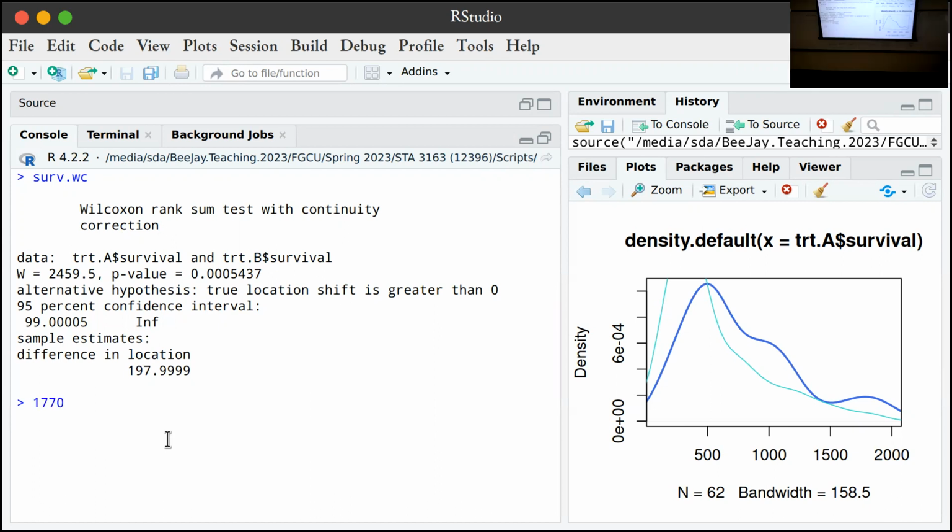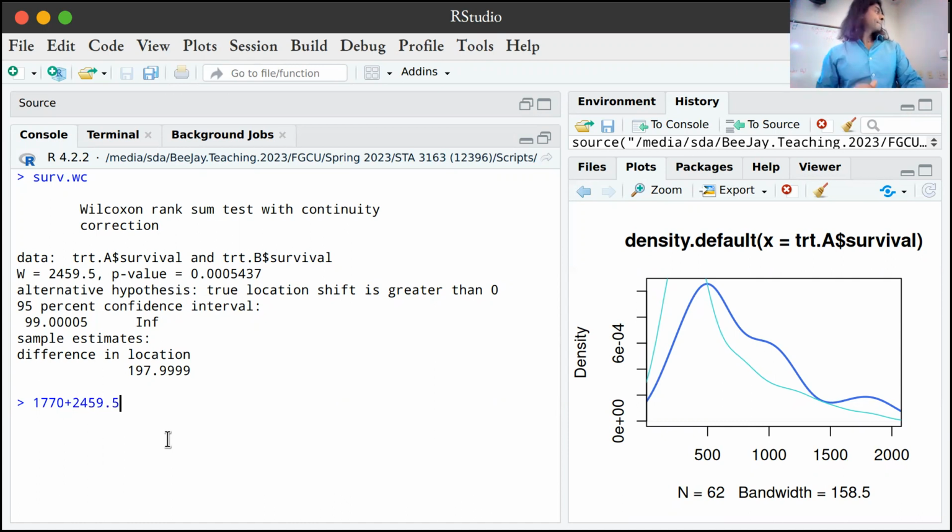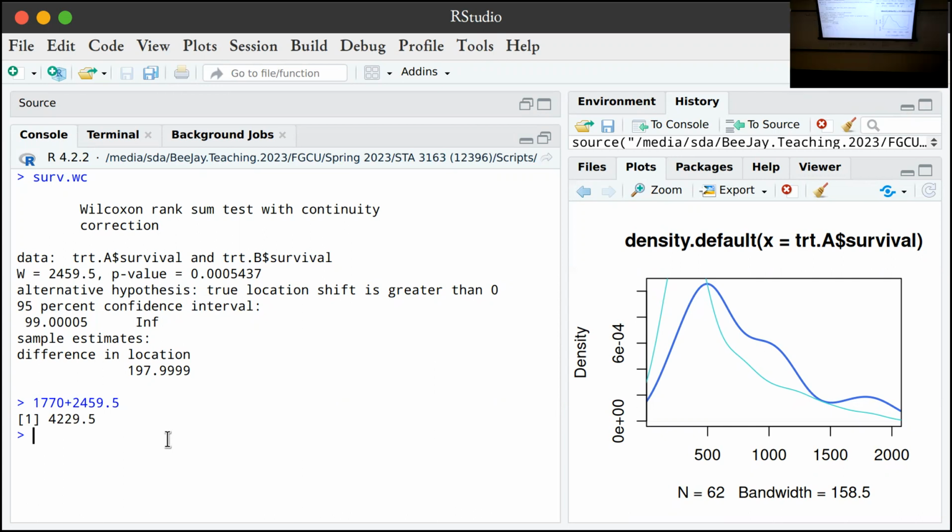So 1770, how did I get that? I got that number by doing n1 times n1 plus 1 divided by 2. I am going to add U to it. U is 2,459.5. I get 4,229.5.